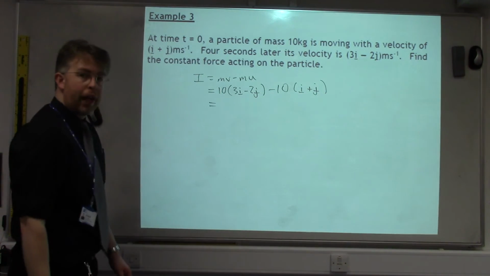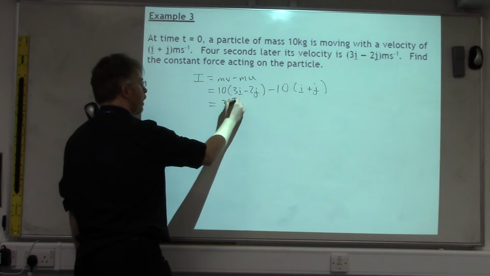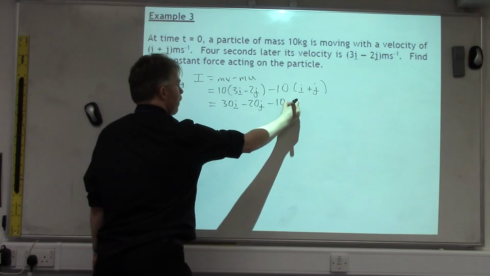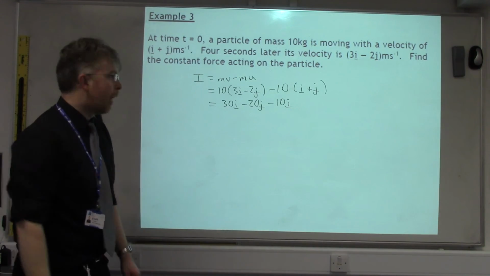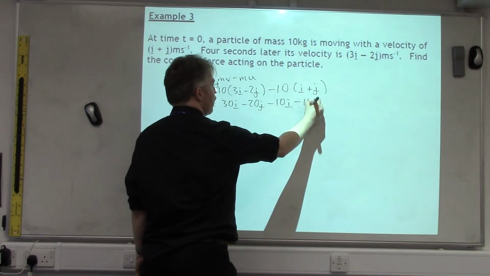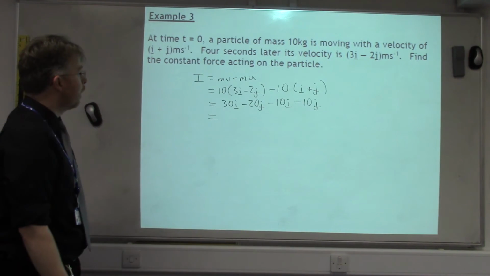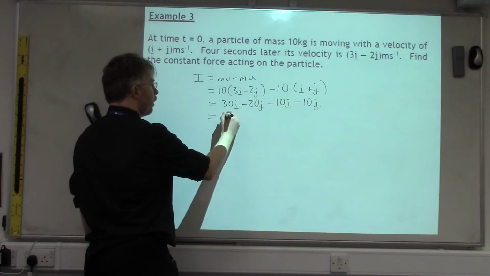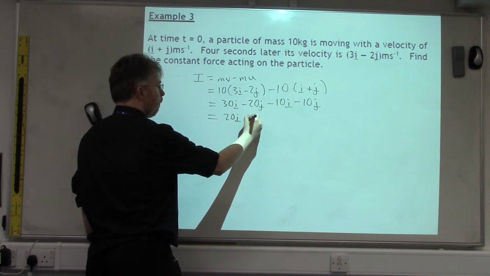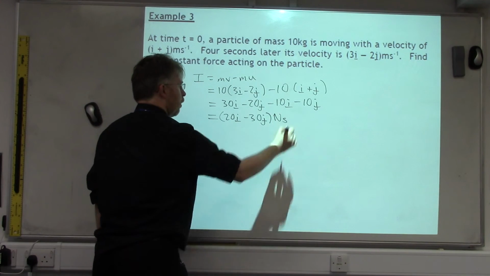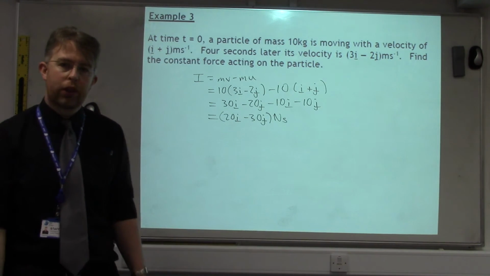Multiplying out, we get 30i minus 20j, take away 10i, take away 10j. Collecting like terms, we get 20i minus 30j newton seconds. So that's the impulse.